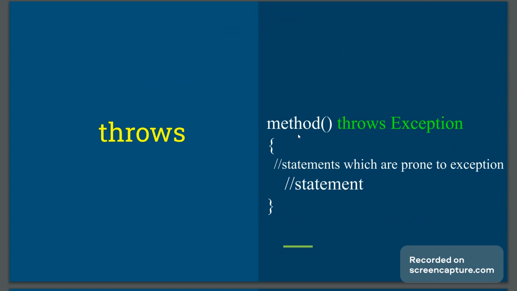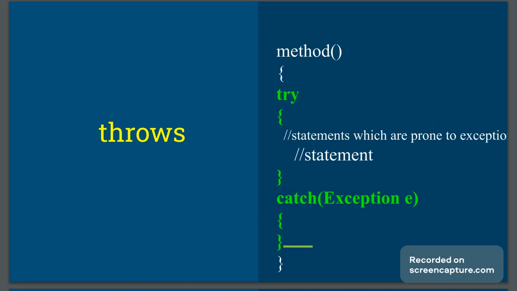The difference between try catch and the throws keyword is that in the try catch block we have the chance or option to handle the exception in our own way by writing the corrective code.